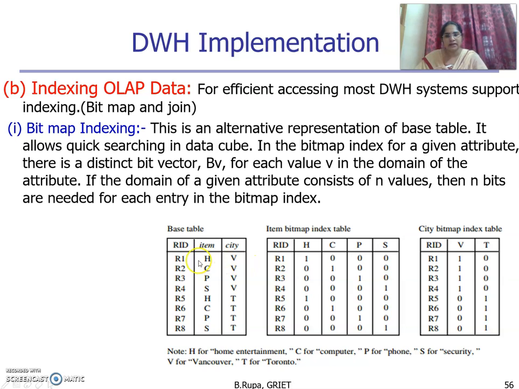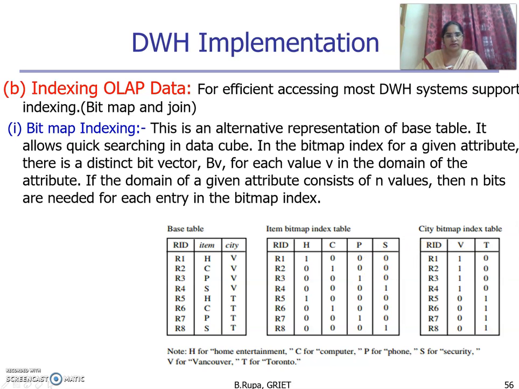For R1, the item H is available, so you keep 1 there and the remaining items will be 0. In the same way, for R2, C is there, so under C you keep 1 and the remaining will be zeros. For R3, P is there, so under P you keep 1 and the remaining will be 0. Like that you can fill the whole index table.